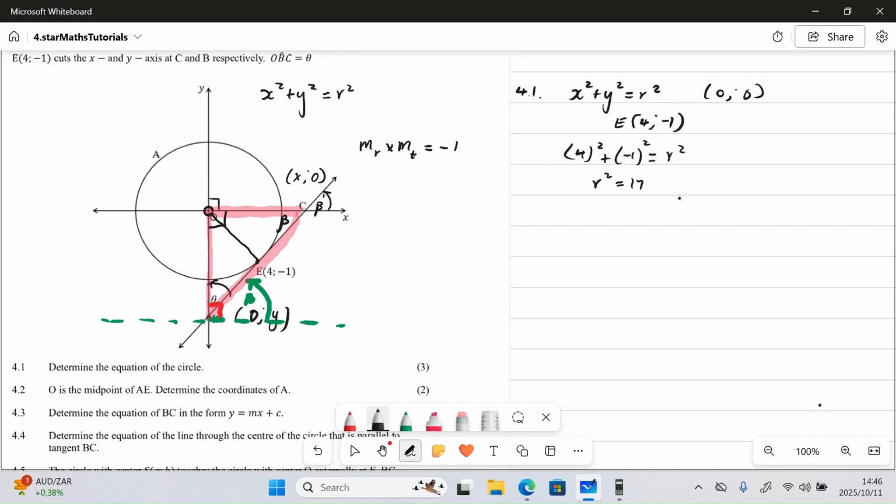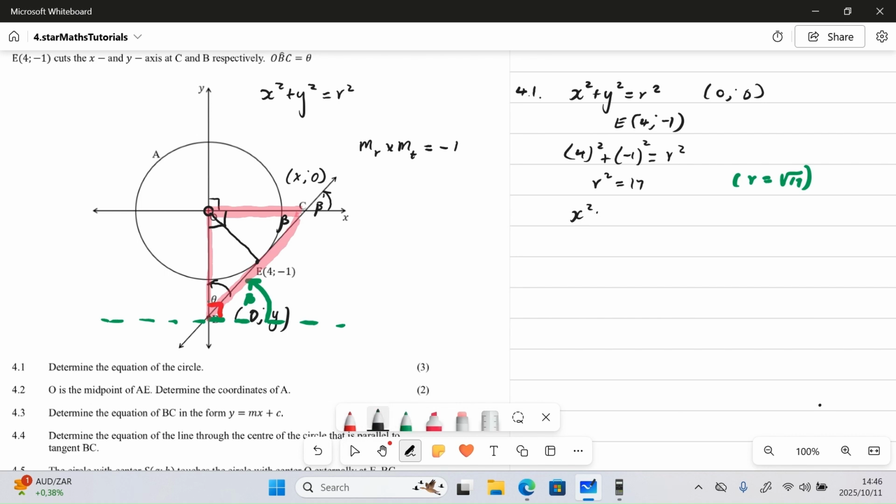If they say calculate the radius, we are not told about the radius. They said we must calculate the equation. In case they ask what the radius is, the radius is going to be the square root of 17. But we are not interested in the radius. Then what is the equation?